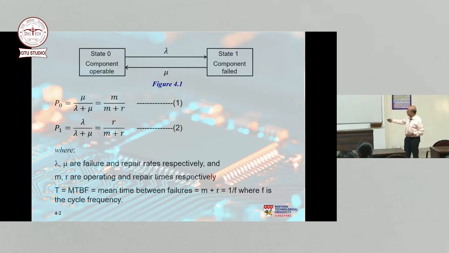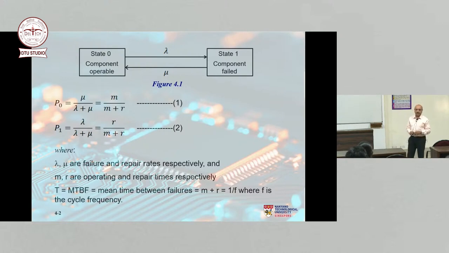And of course the total of m plus r is MTBF, mean time between failures. It's also the cycle time, meaning one cycle is operating plus failed, next cycle operating plus failed, right? So the mean time between failures is m plus r, which is equal to 1 over f, where f is the cycle frequency.